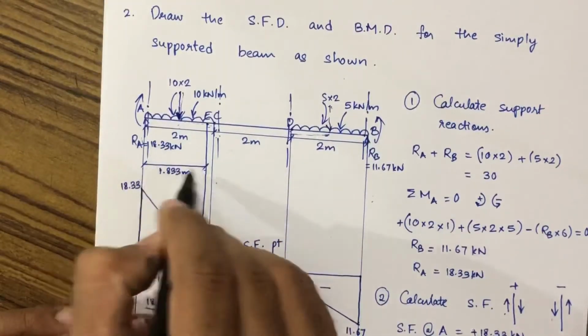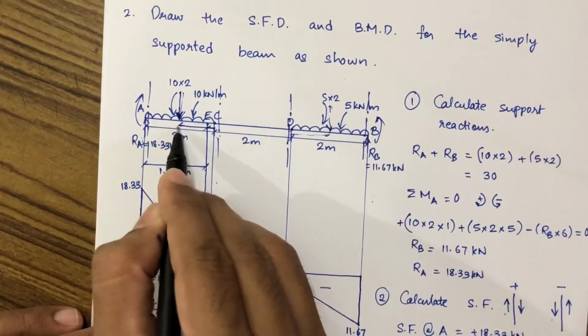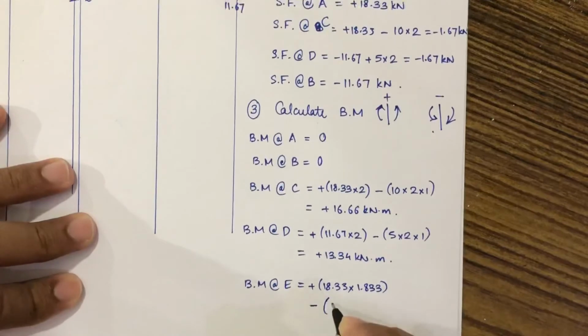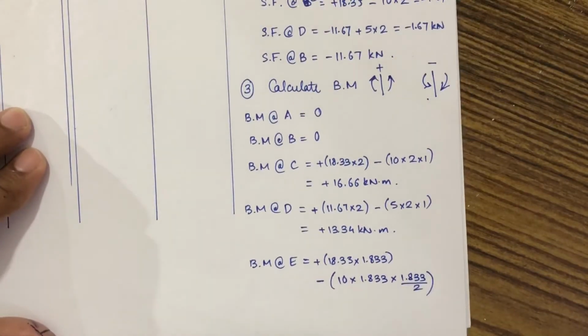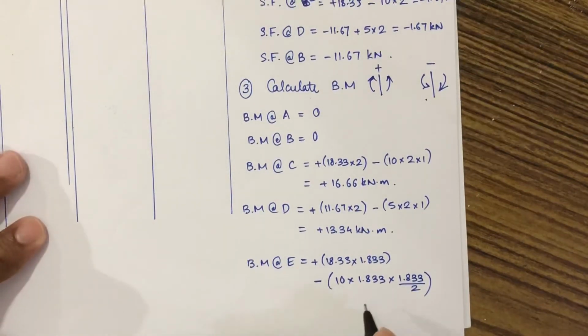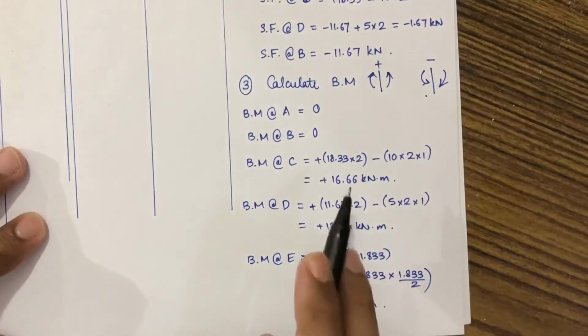So we can write this as minus 10 into 1.833 into 1.833 by 2. Okay, and on solving this, the value of bending moment comes out to 16.8 kilonewton meter. This is the maximum bending value that we got.